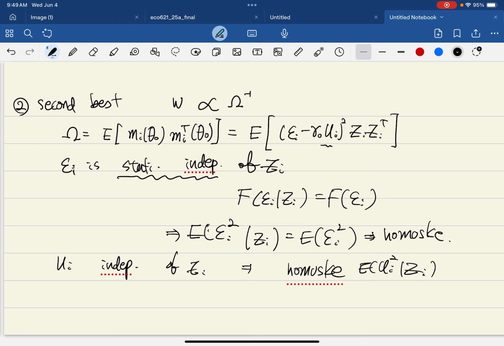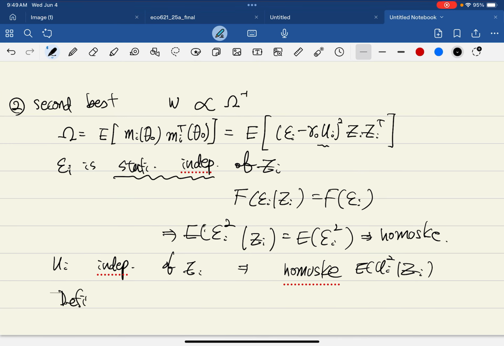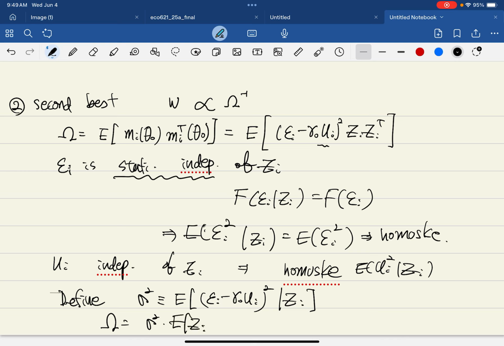So if we just define sigma squared as the expectation of (epsilon_i minus gamma_0 u_i) squared conditional on z_i, then Omega becomes sigma squared times the expectation of z_i z_i transpose.